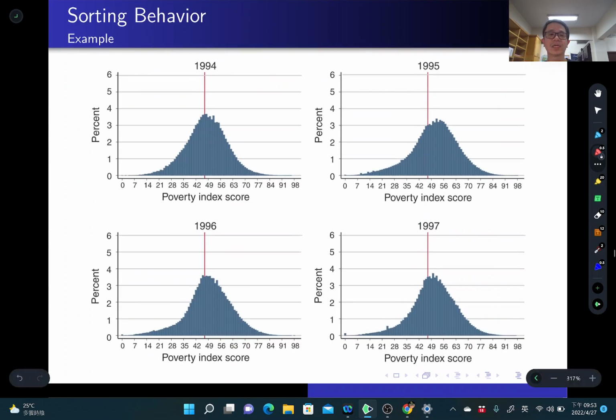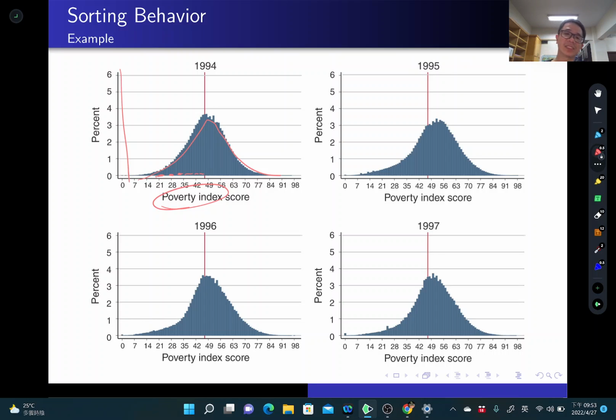Okay, so here is the example. That's what I mean. We should examine whether there's any discontinuity in the distribution of your assignment variable, the poverty index. The y-axis is the share of the sample of individuals located in the specific interval of the poverty index score.